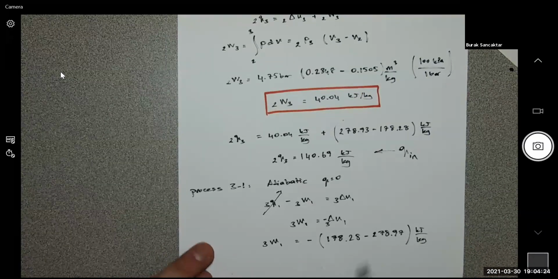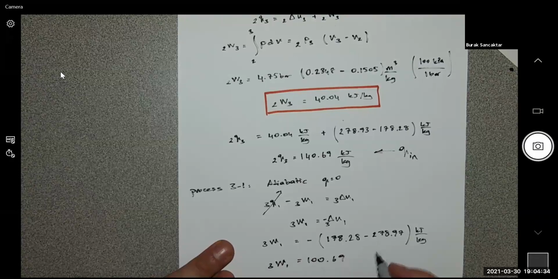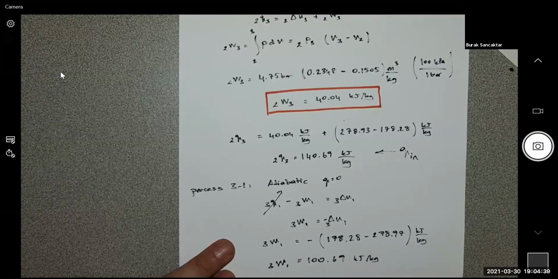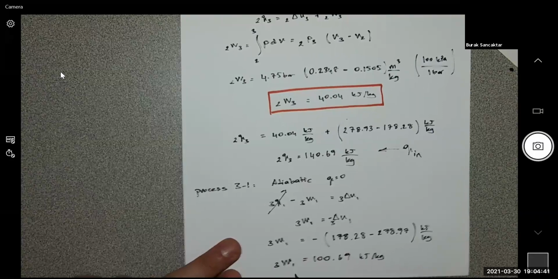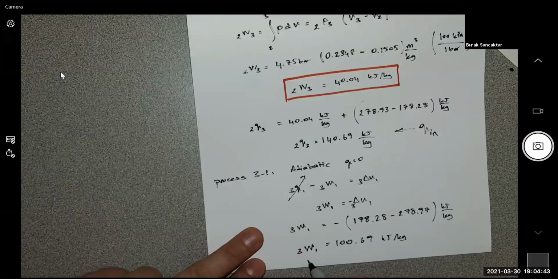U1 minus U3. The work from state 3 to state 1 equals minus 100.69 kilojoules per kilogram, right? While the heat interaction from state 3 to state 1 equals 0.